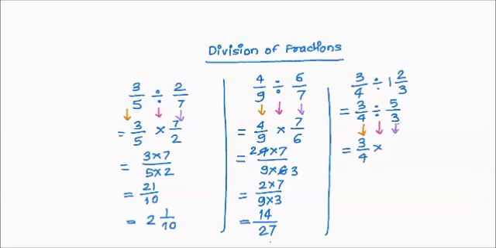For getting the reciprocal, the denominator goes up, the numerator comes down. 3 upon 5. So that is equal to 3 into 3 upon 4 into 5. Now there are no common factors between numerator and denominator, so we do direct multiplication. 3 into 3 is 9. 4 5s are 20. So our answer is 9 upon 20.